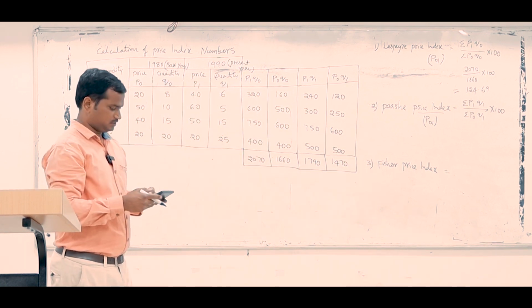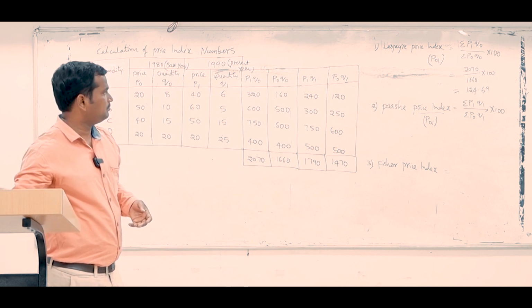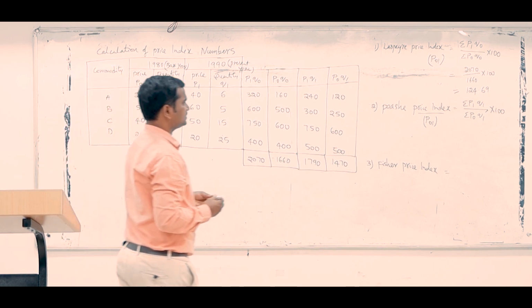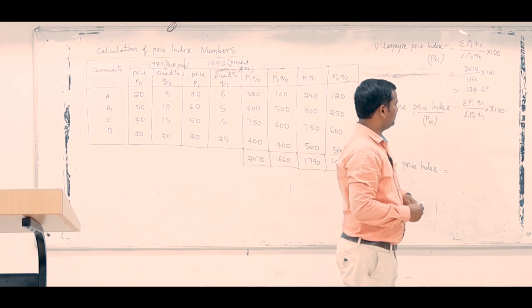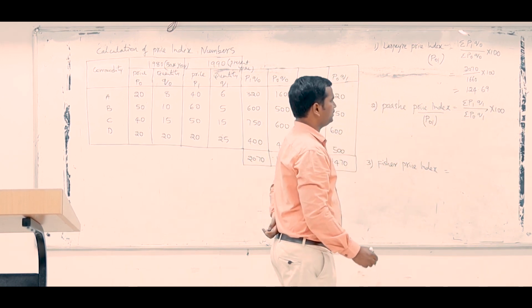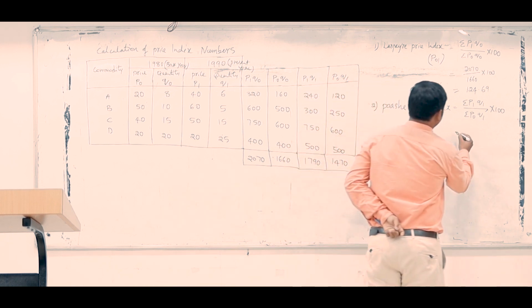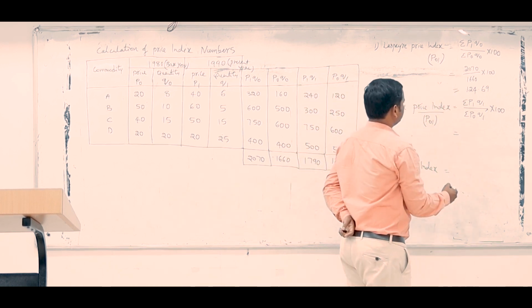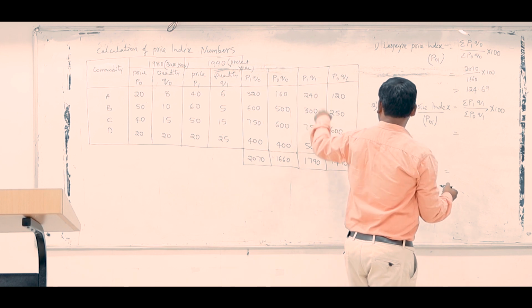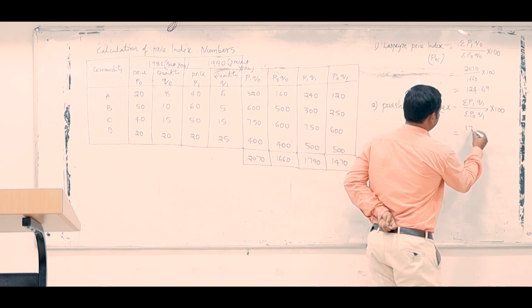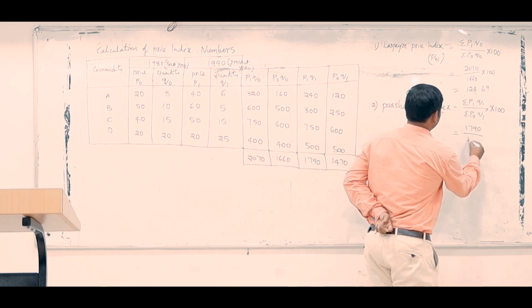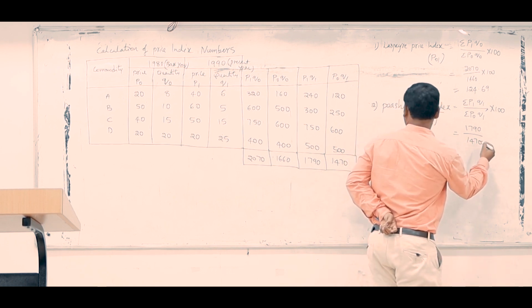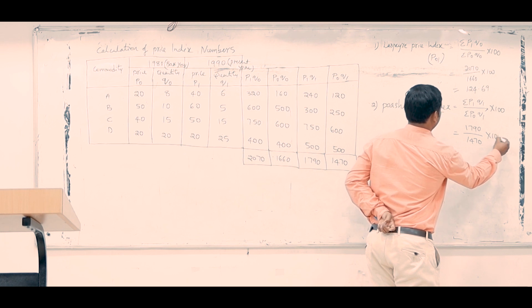So these values we should apply in the Paasche formula. Paasche has constructed the price index with these terms: summation P1 Q1 divided by summation P0 Q1 into 100. Here summation of P1 Q1 is 1790. Summation of P0 Q1 is 1470 into 100.